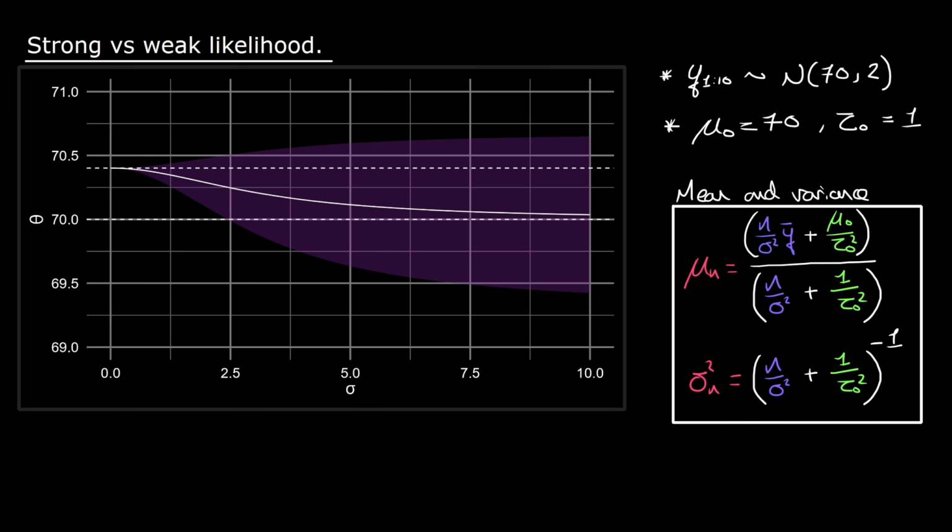Using the same data as before, but fixing the prior standard deviation to 1, a similar plot can be created for the likelihood. The same reference lines have been drawn again. When sigma is close to 0, the likelihood is strong, gradually weakening as it increases.